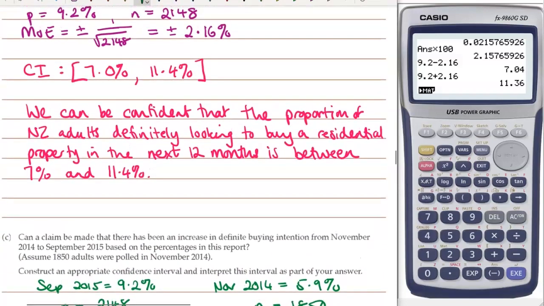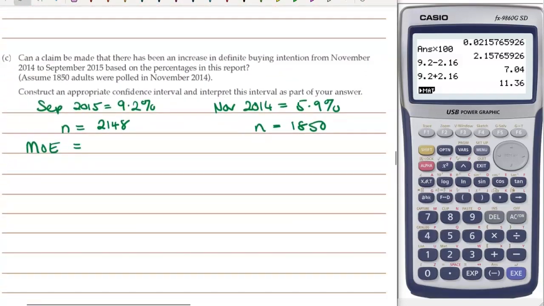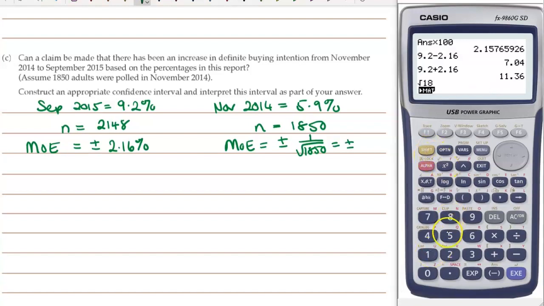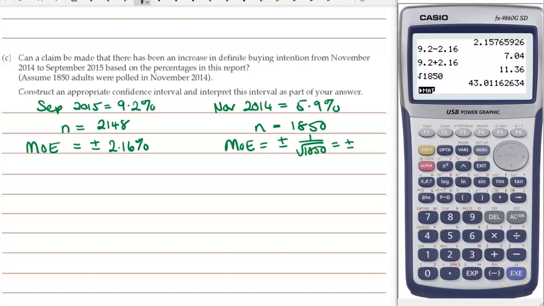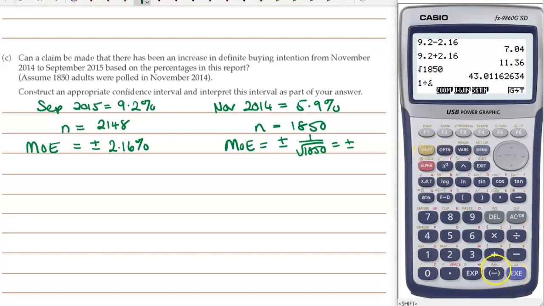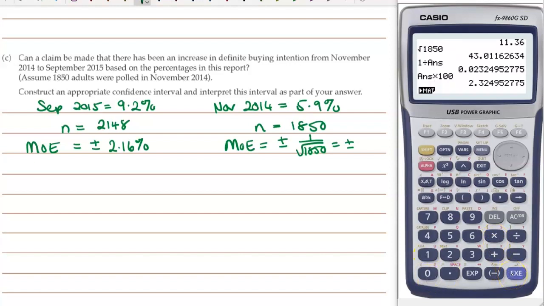Okay, so the margin of error for this one we already worked out on the previous question, so that is plus or minus 2.2%, or 2.16, and the margin of error on this one is plus or minus 1 over the square root of 1,850. Now times it by 100, so that's 2.32%.